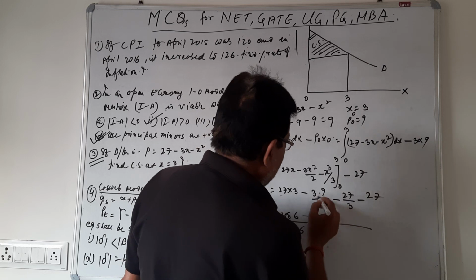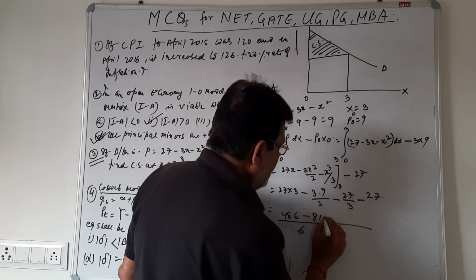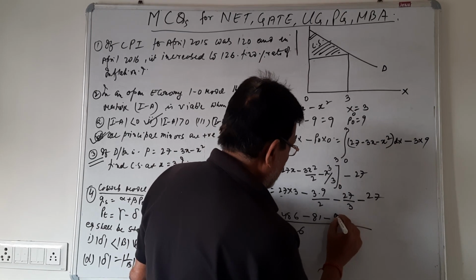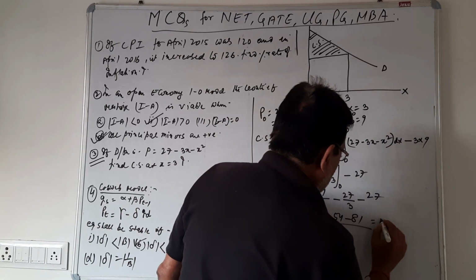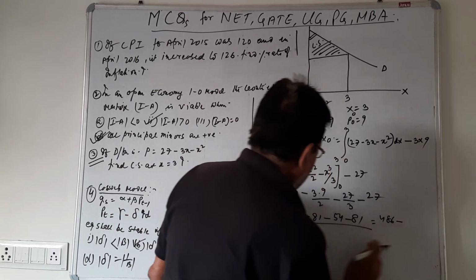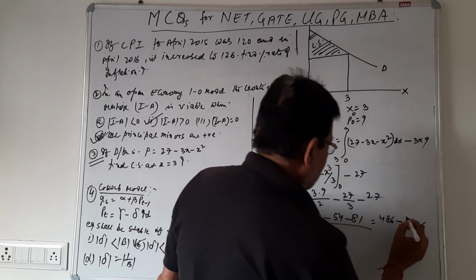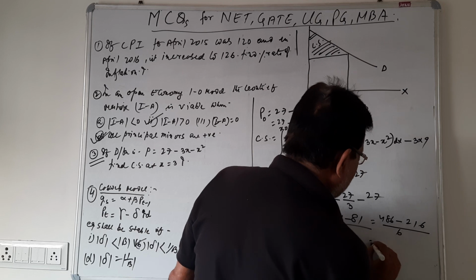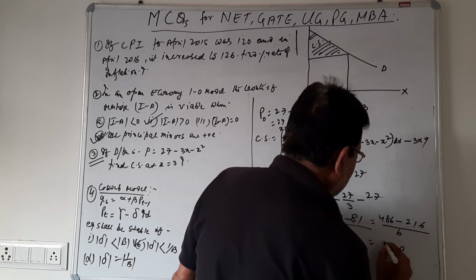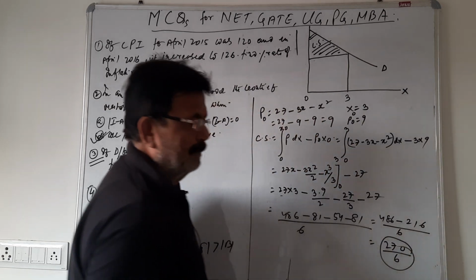Minus 9 into 3 is 27, and 3 into 81 is 243, 54 and once again 81. So that is 486 minus, and divided by 6, and this is the consumer surplus.